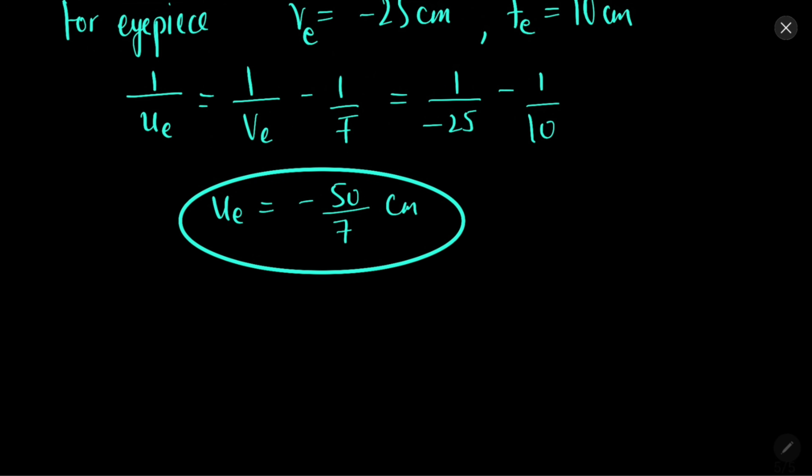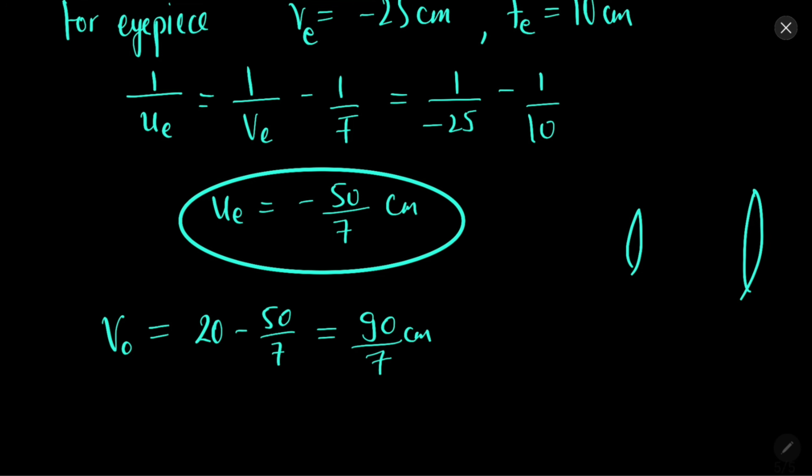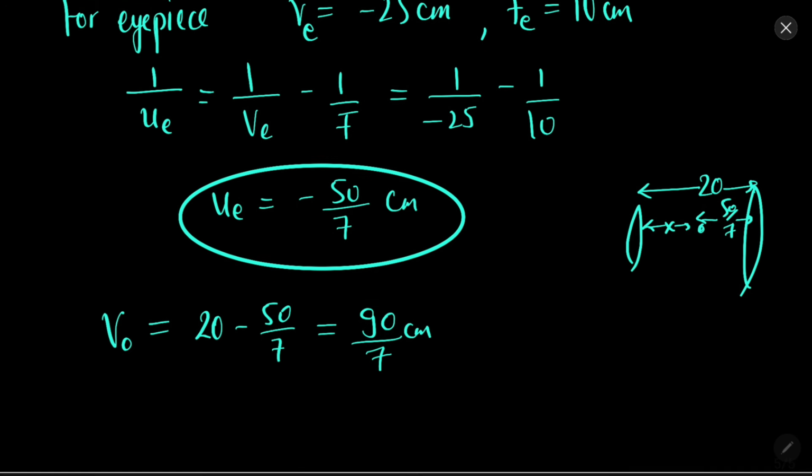Now this will be the image for the object lens. So for object lens VO is 20 minus 50 by 7, that is 90 over 7 centimeter. What does this mean? This means it is 50 over 7 centimeter, so we need to find this distance, and this distance is, let's say, 20, so this distance is 20 minus 50 over 7.